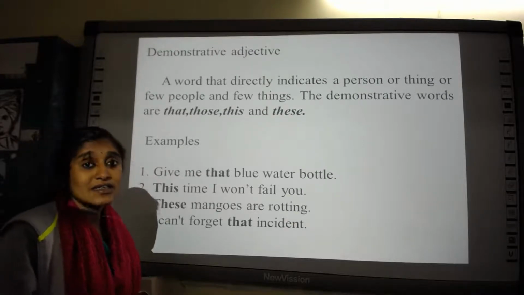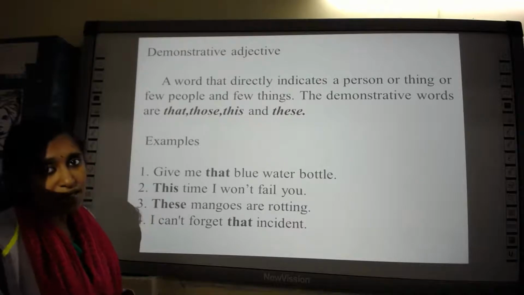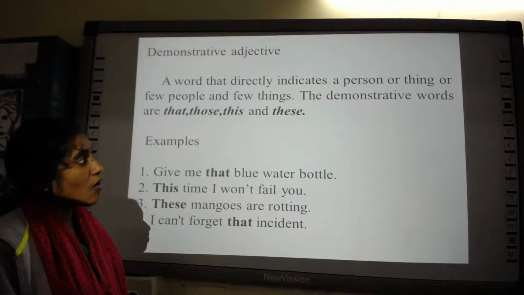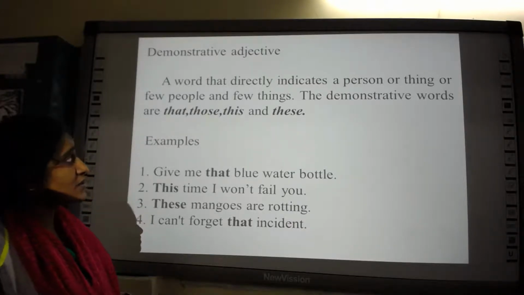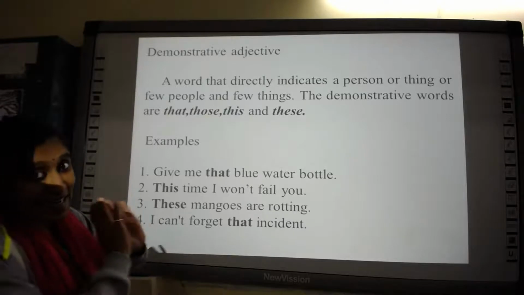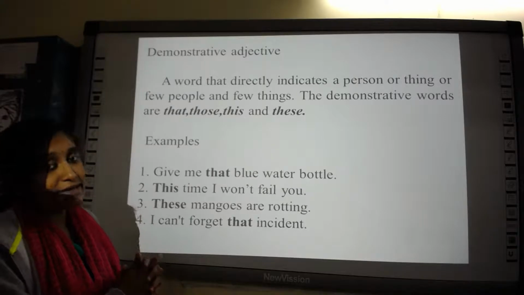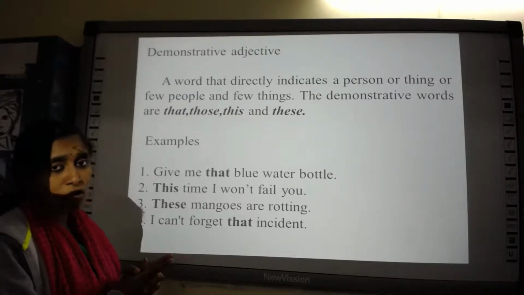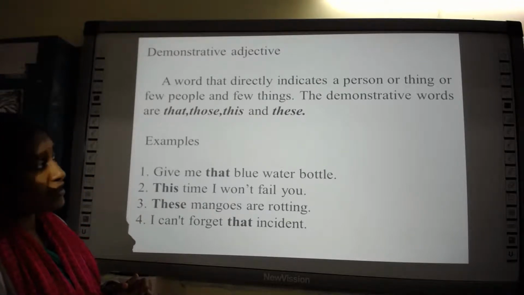Next one is demonstrative adjective. A word that directly indicates a person or a thing, or a few people or few things, becomes the demonstrative adjective.